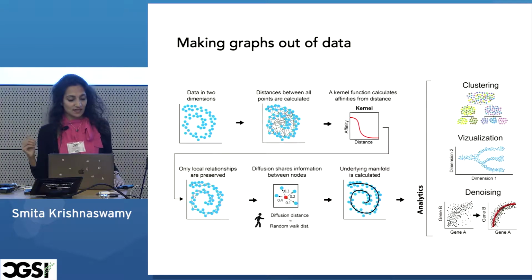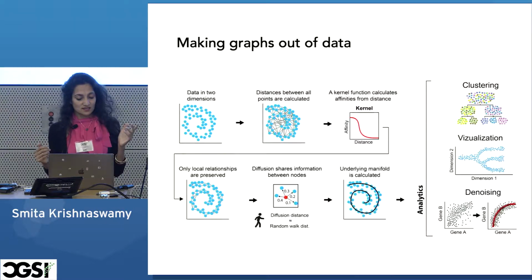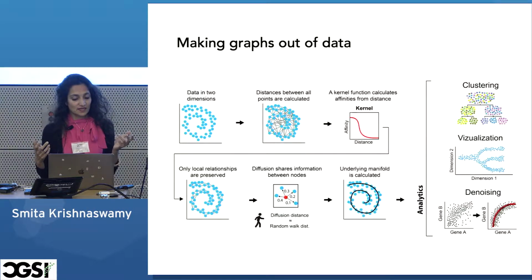So if you have data, for example, in 2 dimensions, the way you make a graph out of it is you make a weighted graph that's weighted by the distance between these 2 points. And then you pass it through a kernel. So things with high distance have low affinity. Things with low distance have high affinity. And when you pass it through that kind of kernel, it zeroes out the edges that cut across the manifold.